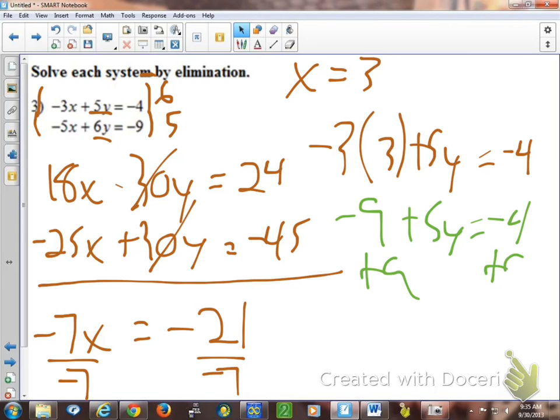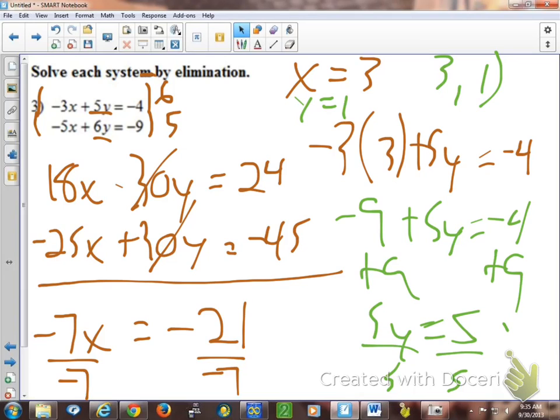Add the 9 to both sides. You get 5y equals, what's -4 plus 9? 5. So divide both sides by 5, and y equals 1. So the actual solution to this is the coordinate 3, 1.